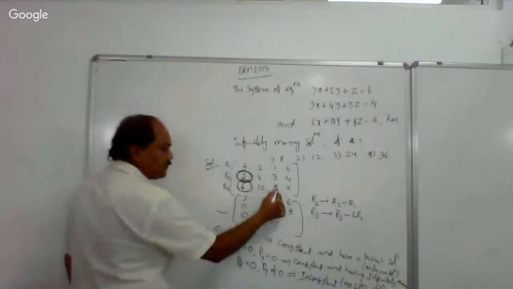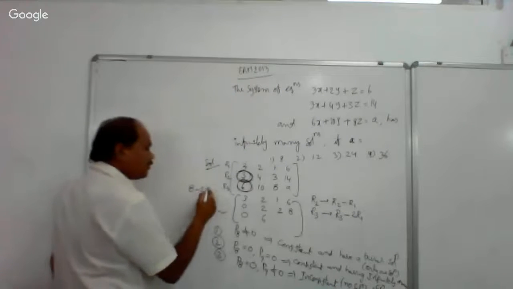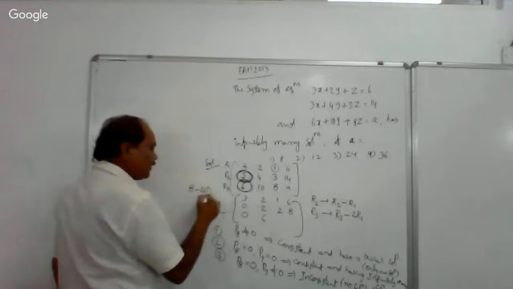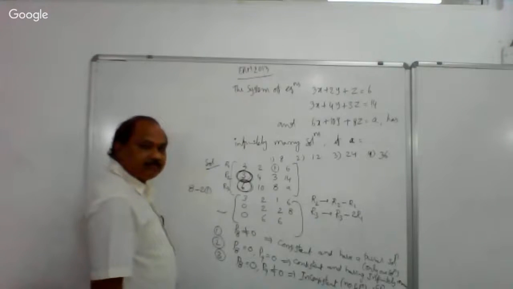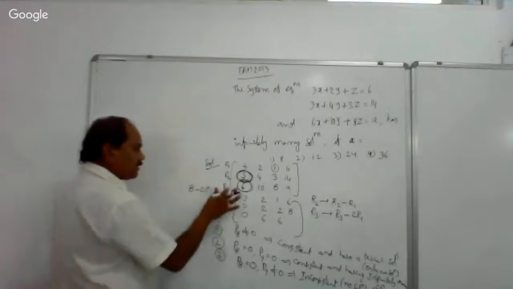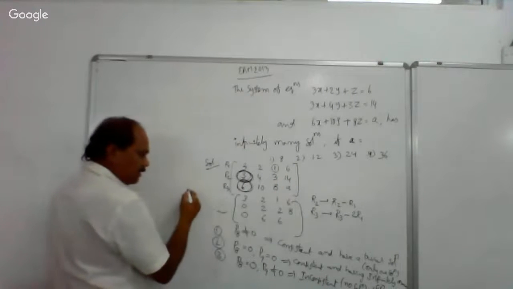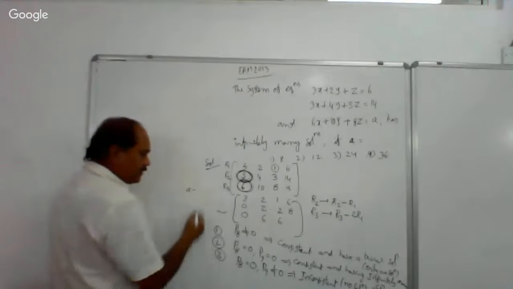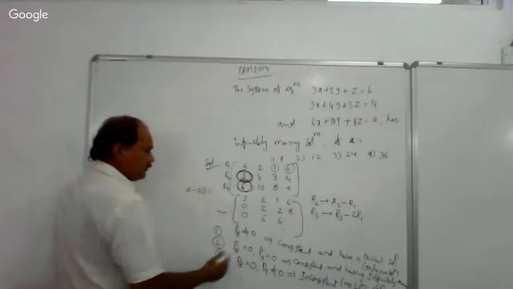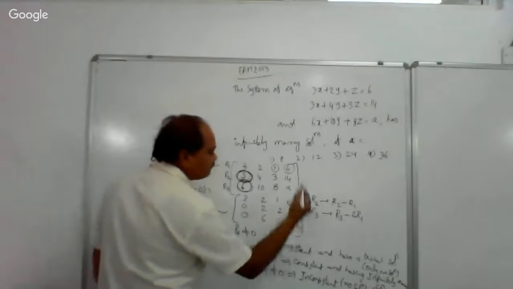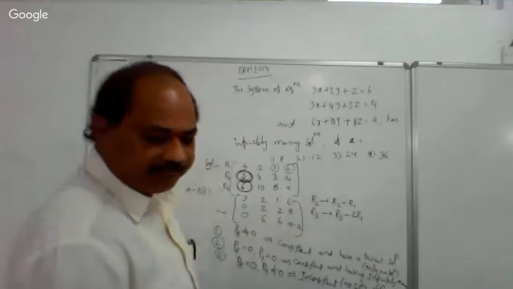Next, 8 minus 2 times 1, it is again 6. Next, a minus 2 times of 6, a minus 12.